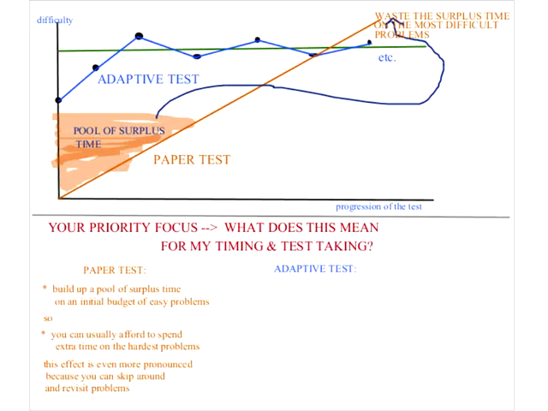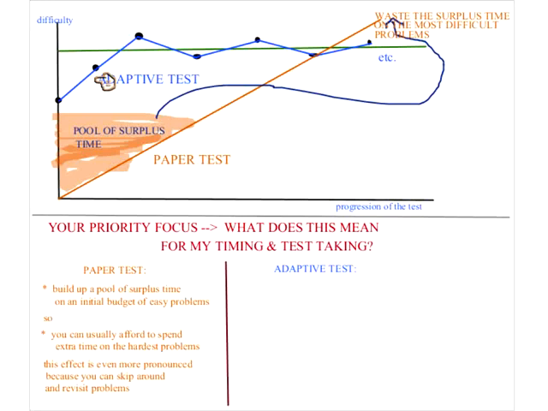Notice that none of this is true when you take an adaptive test. Absolutely none of it at all whatsoever. So your timing here, what most people do is they take this sort of attitude and they bring it over to the adaptive test, and the result, frankly, is disastrous. Okay, notice what goes on. Again, when you look at this graph, it's not the graph itself that you're thinking about. It's what does this mean? Notice the first thing that you notice is that there's basically no pool of surplus time.